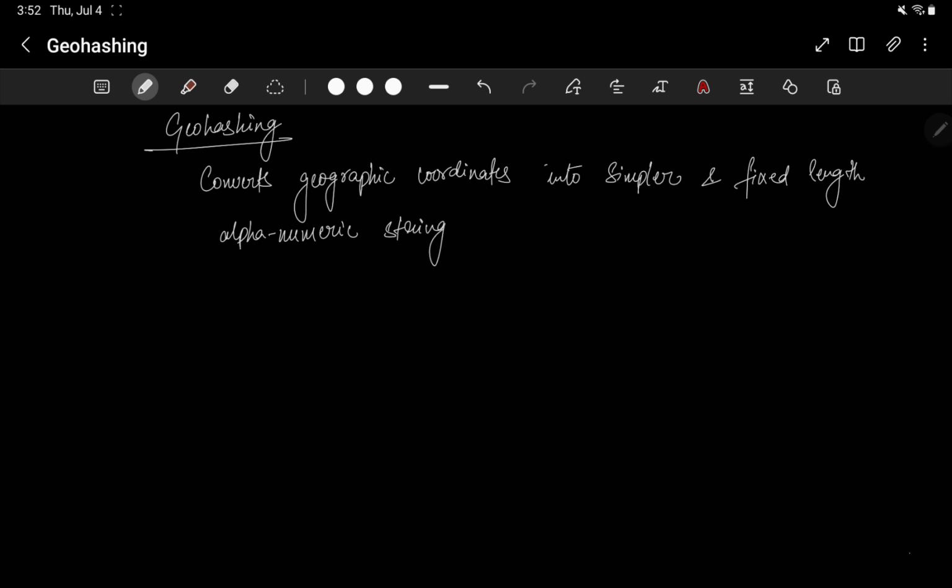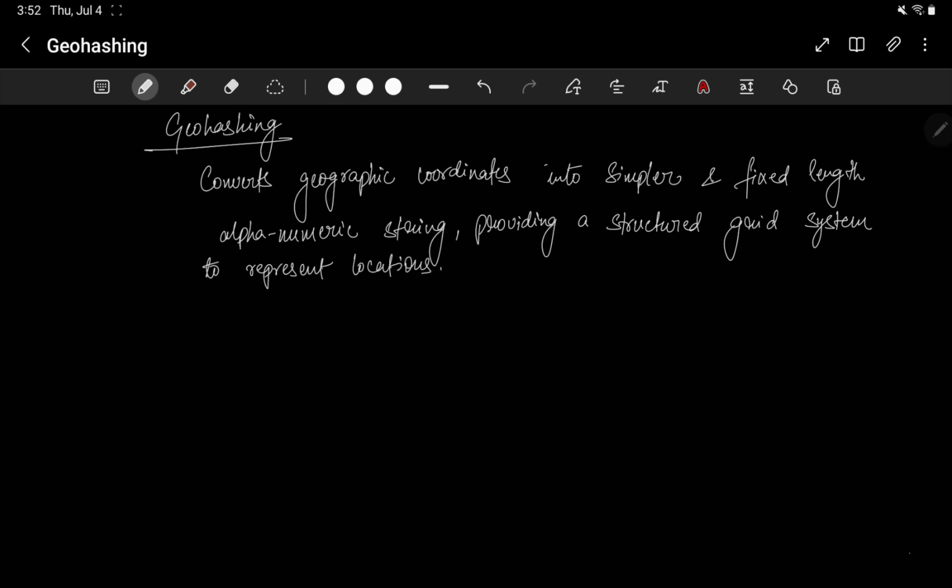Okay, it converts it into an alphanumeric string, providing a structured grid system to represent locations, right? And how does it achieve this?